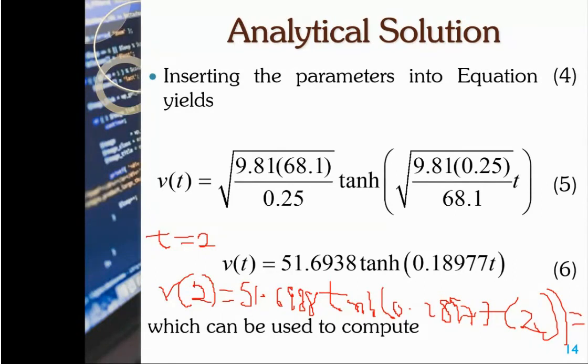Now, before we proceed to see the value, there's something you need to pay close attention to. Anytime you are working with equations involving trig ratios like sine, cosine, tangent, or the hyperbolic functions, such as tanh, cosh, sinh, and the others, make sure you set your calculator to radians.